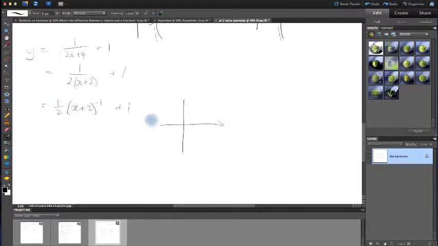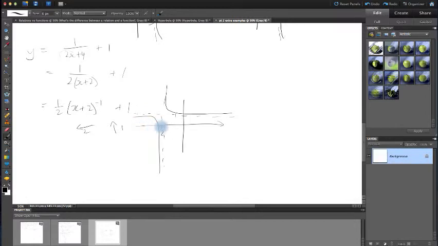Here's a plus 2, so that means to the left 2 units. We've got a plus 1 over here, so that's up 1 unit, and we've got a dilation of a half going on as well. So here we've put in our asymptotes, up 1, this way 2. It's not reflected, so we can just sketch it straight away.